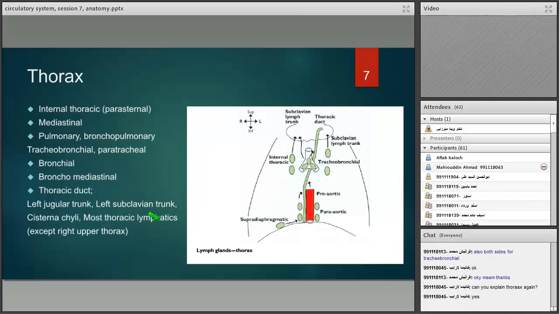You can see the videos. Okay, most thoracic lymphatics except the right upper thorax, except here.